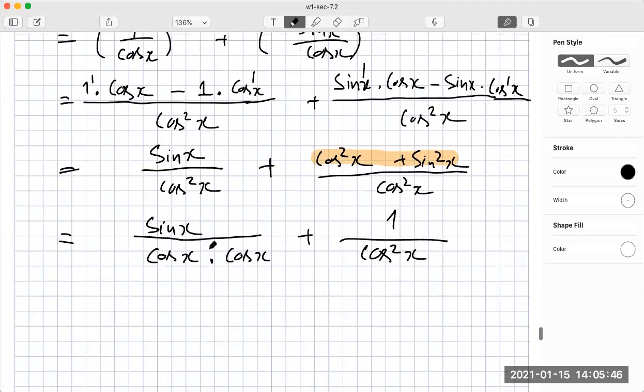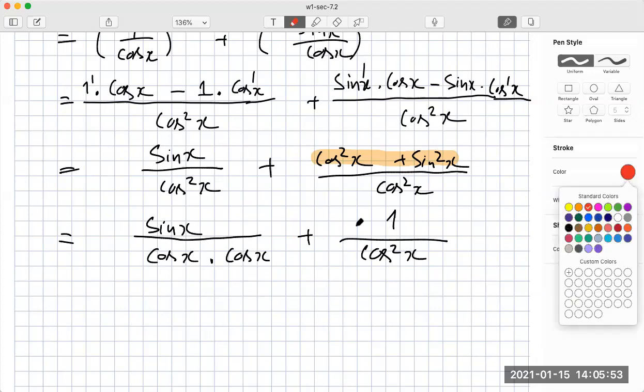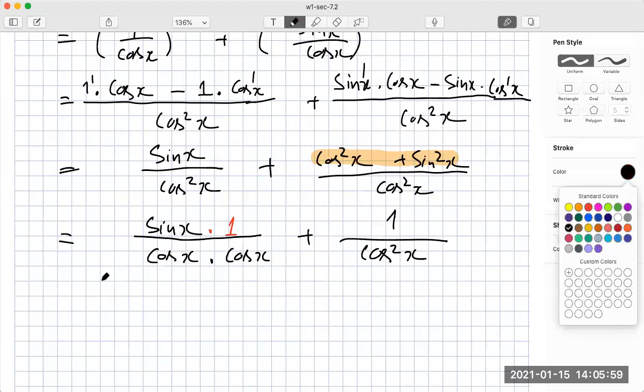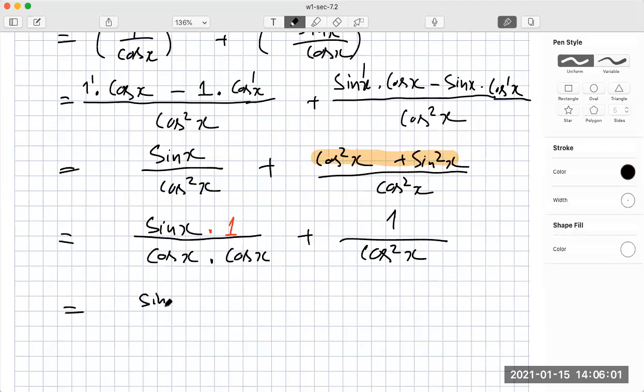So, in the denominator, it is a product. So we can separate it into two terms. Suppose in the numerator, there's a number 1 here. We can always write it as sine x divided by cosine x times 1 over cosine, right?